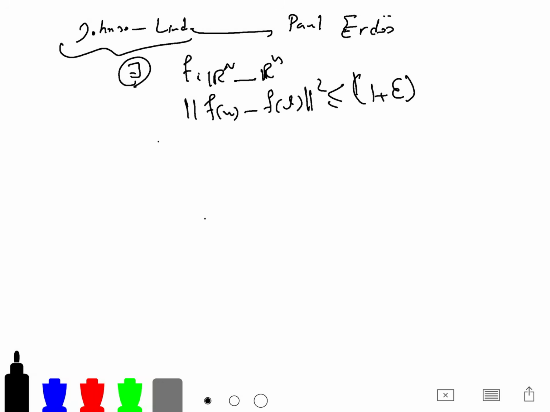So it is between 1 minus epsilon and 1 plus epsilon times the squared norm of u minus v. If you're wasting too much time with principal component analysis, consider random projection, because it's very easy. You just draw a random matrix, and that's it. Especially if you have a huge feature matrix, you should consider random projection.